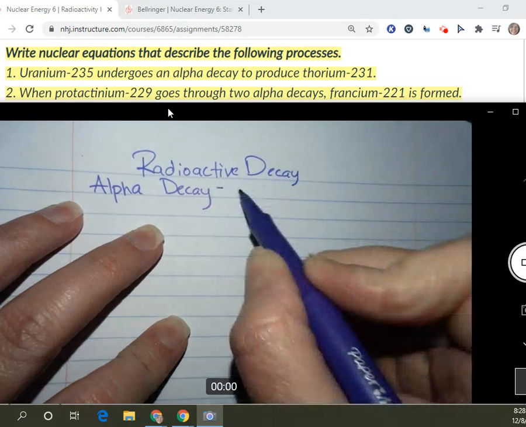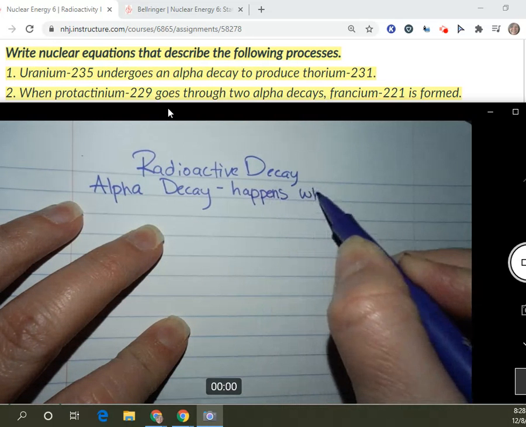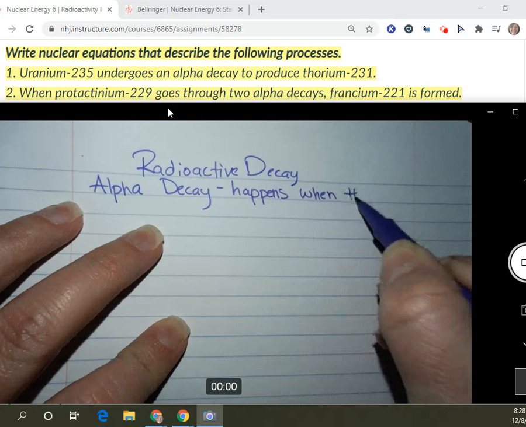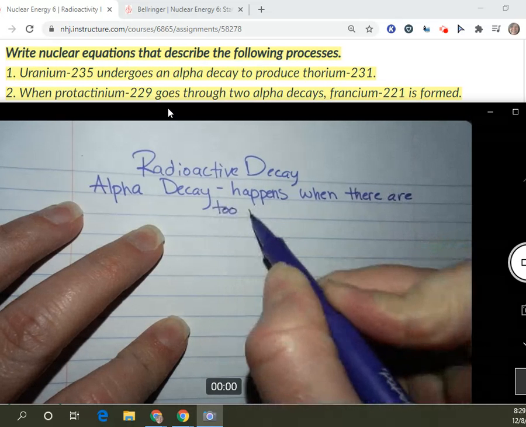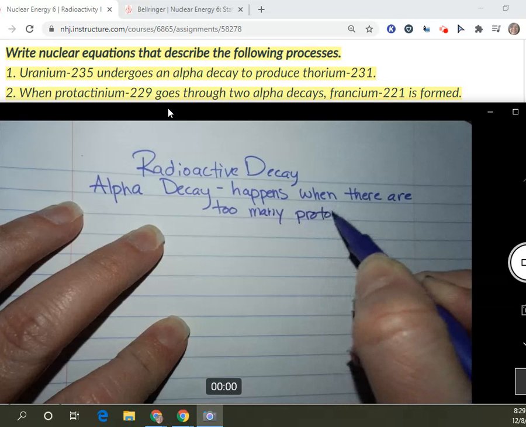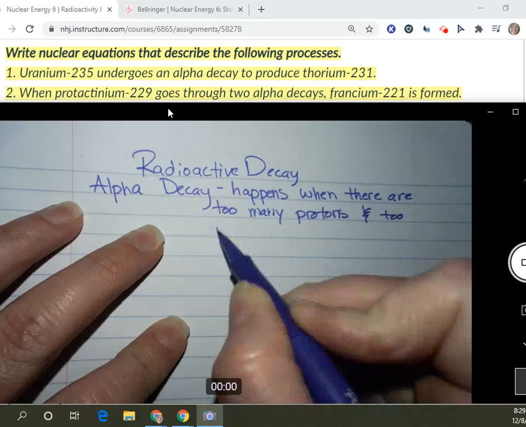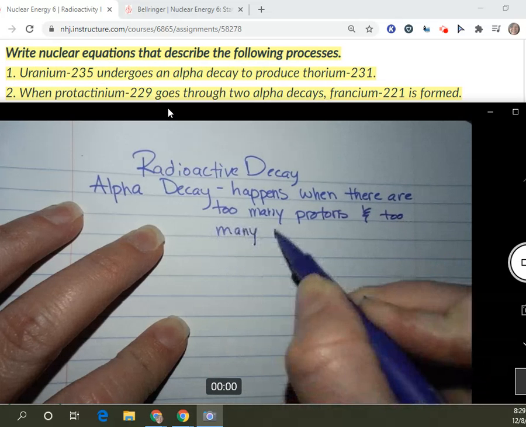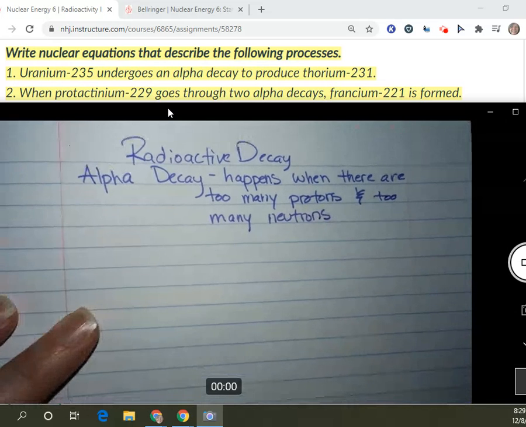Okay, alpha decay happens when there are too many protons and too many neutrons. Okay.